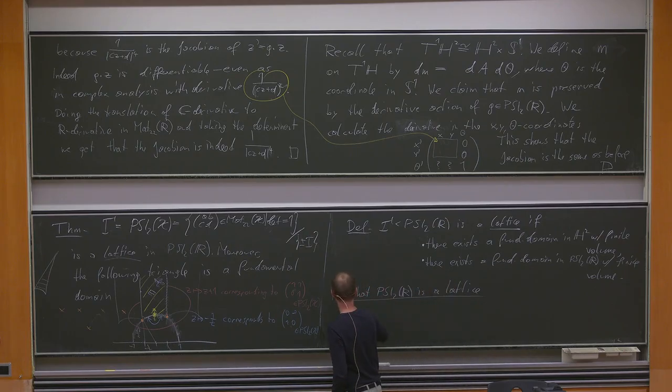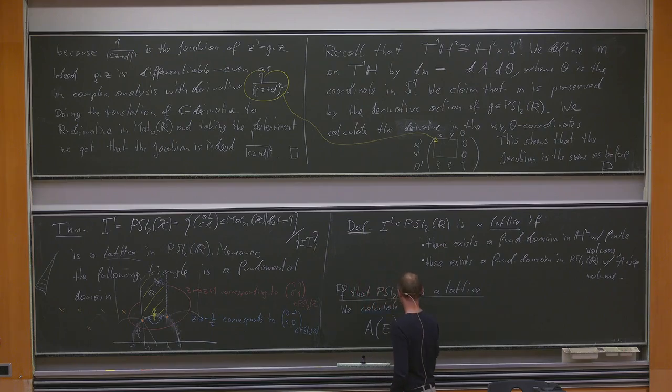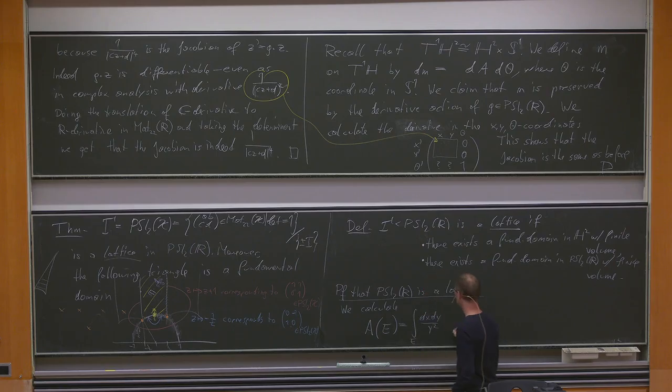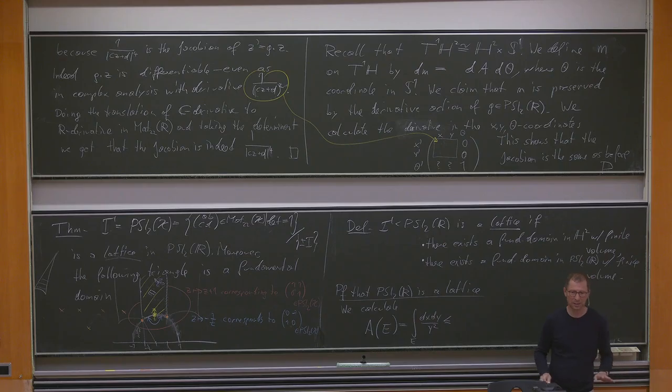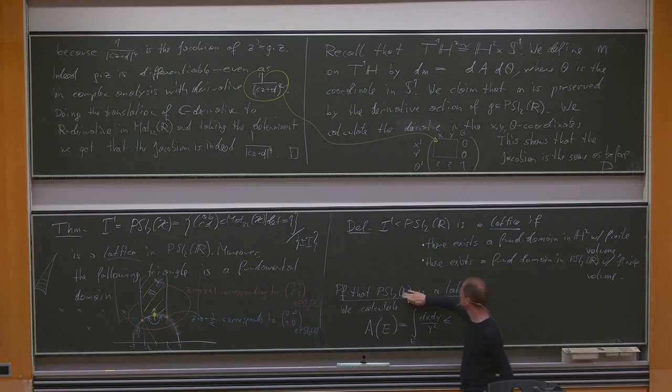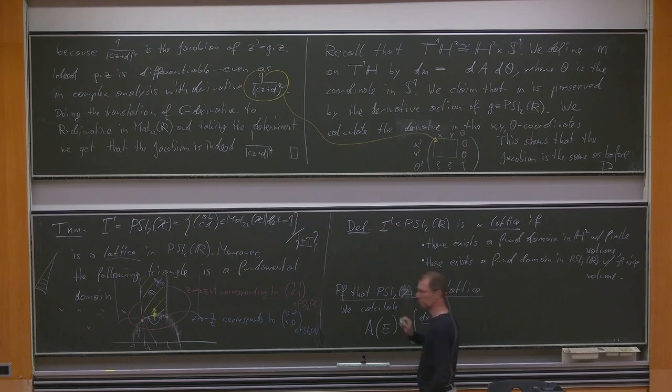We calculate A of E, that's the integral over E of dx dy over y squared. And we are not interested in really calculating it.